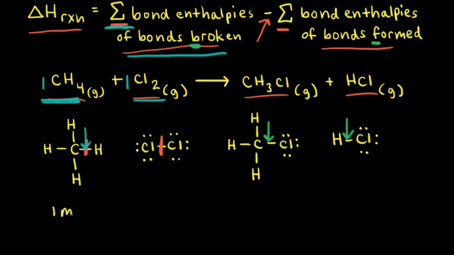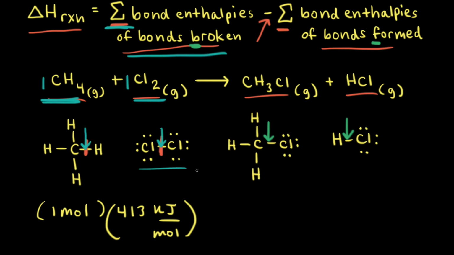Therefore, we can write down here 1 mole of carbon-hydrogen bonds, and the bond enthalpy for a carbon-hydrogen single bond is 413 kilojoules per mole. Since there's one chlorine-chlorine single bond for every Cl2 molecule, and we have 1 mole of chlorine molecules, we're breaking 1 mole of chlorine-chlorine single bonds.